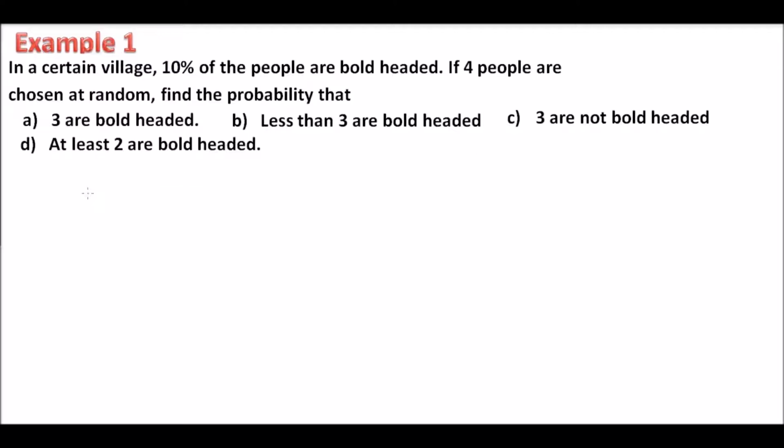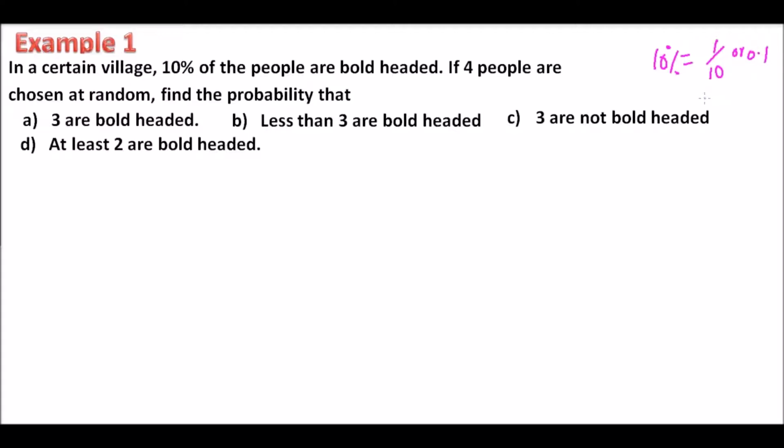So for you to be able to do this, we have said in our earlier lessons that you can use percentage, fraction, or decimals to represent probability. So here we are using percentage, and we know 10% is the same as 1 over 10 in terms of fraction, or 0.1.